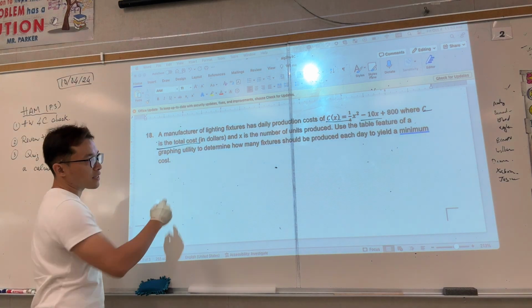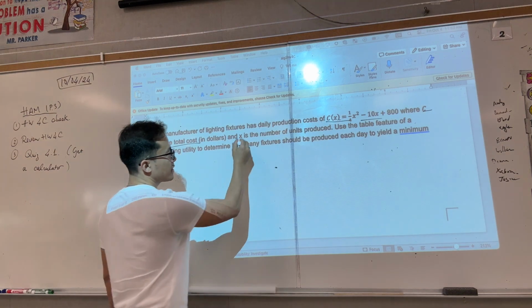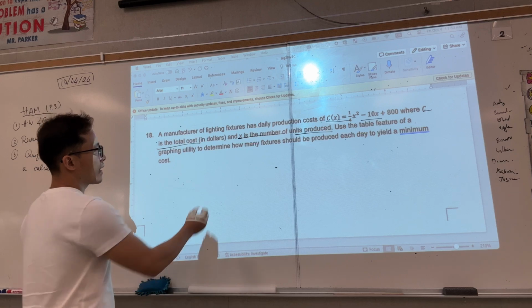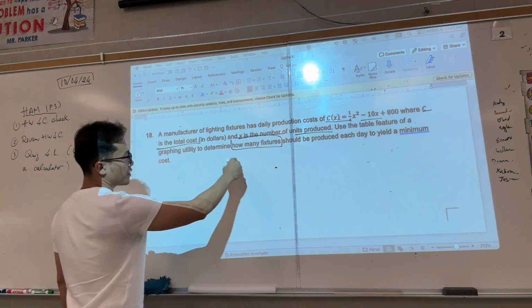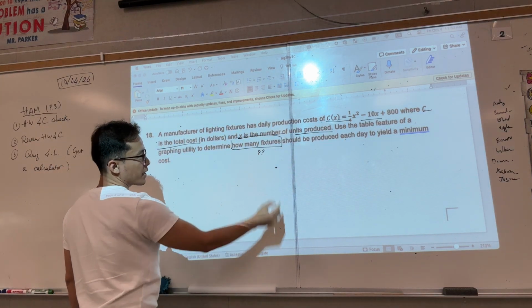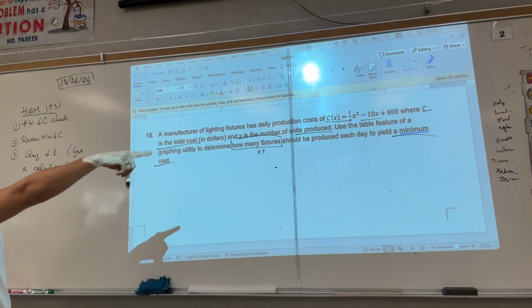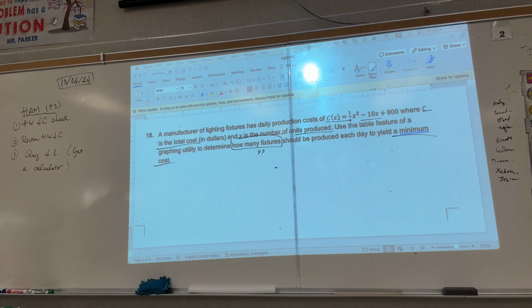You need to know what C represents. X is the number of units. And then what are they asking? Use a table feature, but how many features? To determine how many features, to use the maximum, minimum cost.